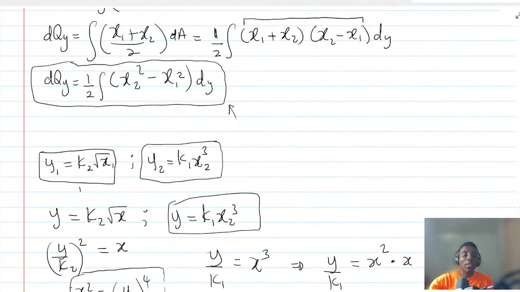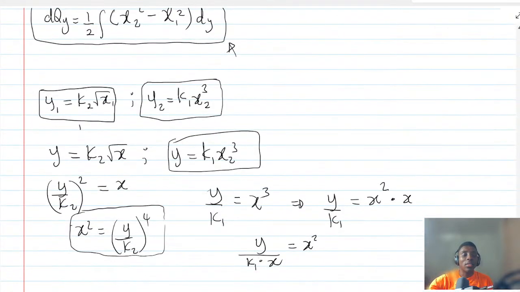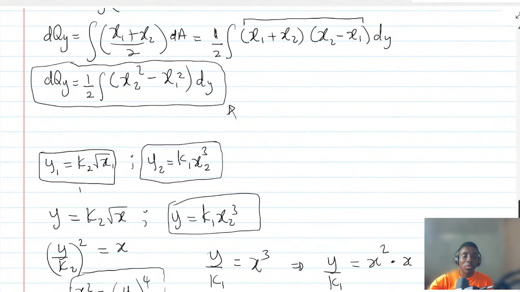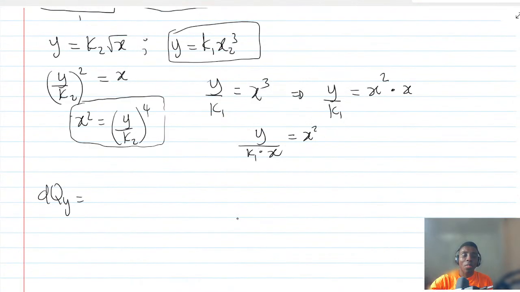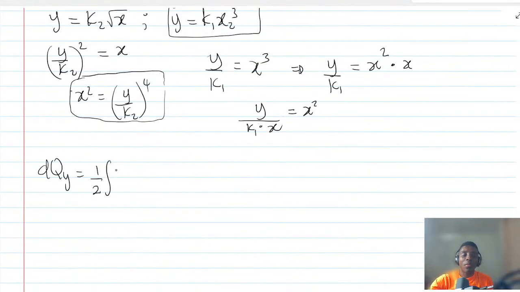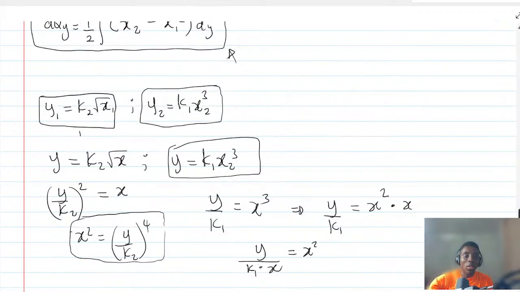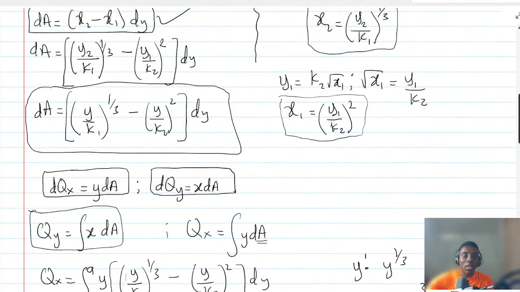So I want us to come back here. We can say that dqy will now be what? 1/2 the integral of x2 squared minus x1 squared dy, which is the same as 1/2 integral of, so the x2 squared is what we did, and then we got what?